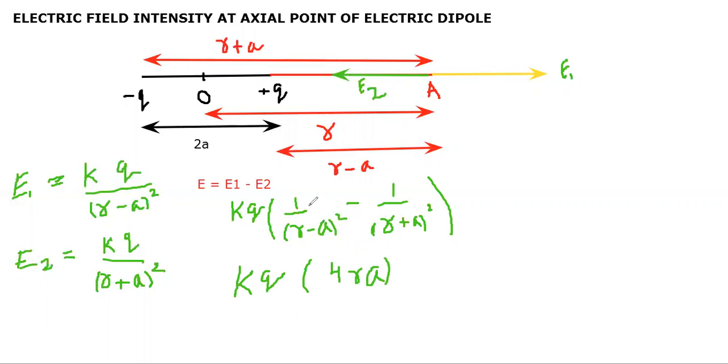r plus a whole square will go here, r minus a whole square over here. When you open these two, r square and a square will get cut. You will be left with 2ra and 2ra. So 2ra becomes 4ra, divided by LCM, which would be r minus a and r plus a whole square. This is the LCM.